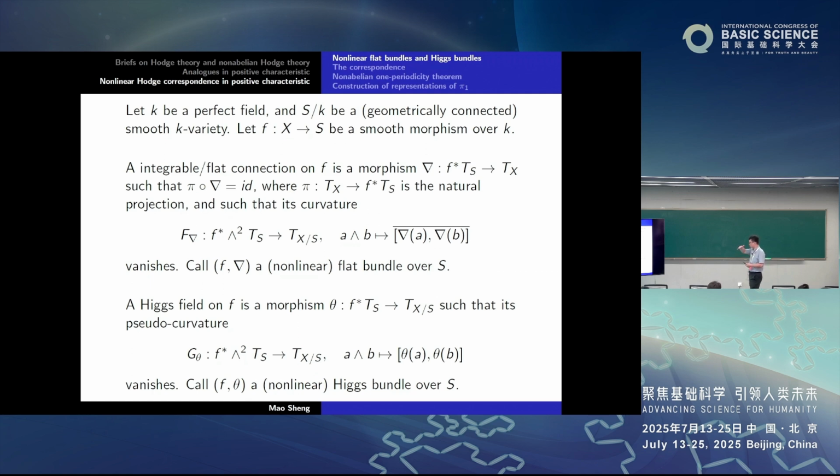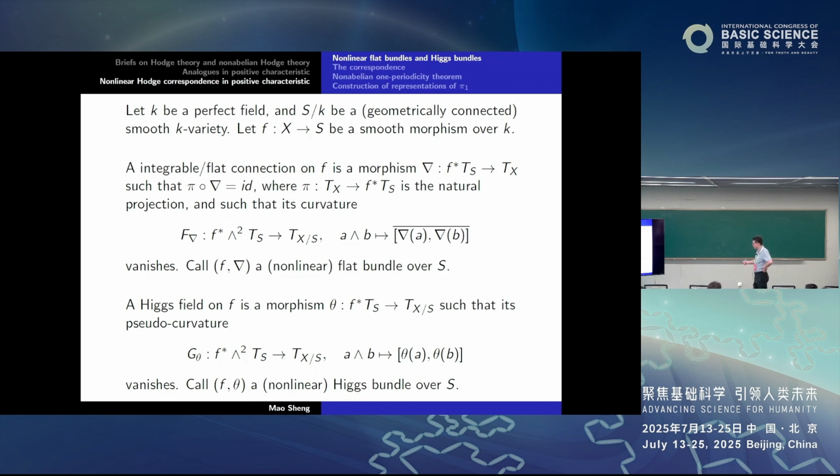You imagine that you just lift your vector fields on the base S to the ambient space. This is the geometric image of the connection.